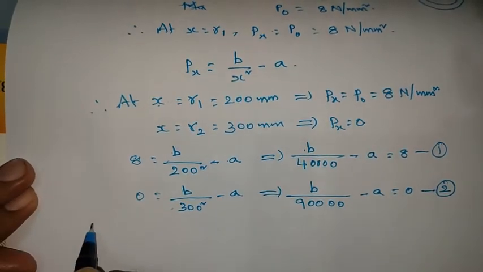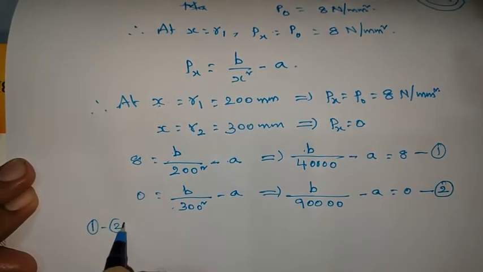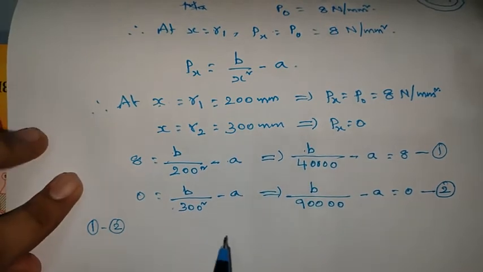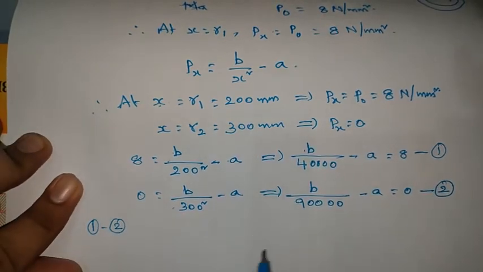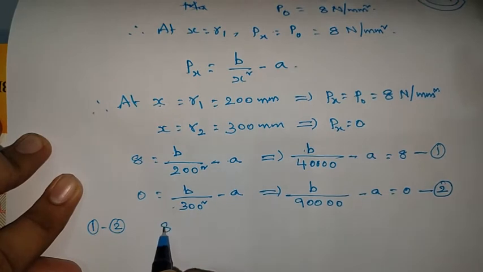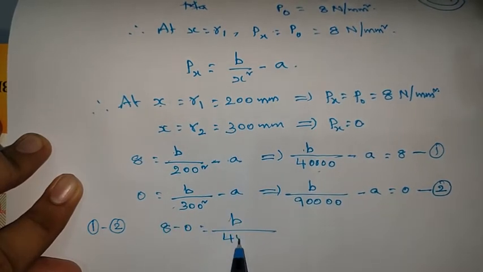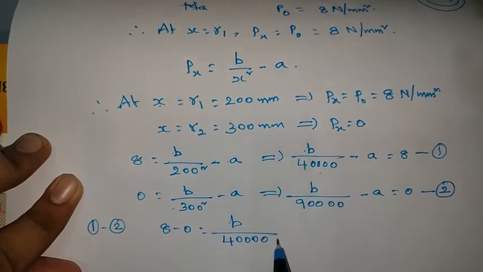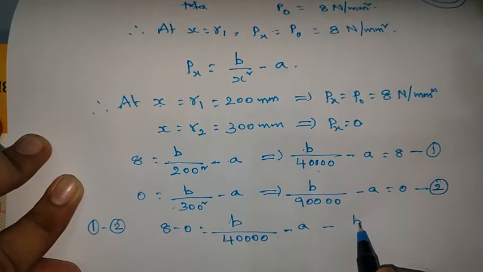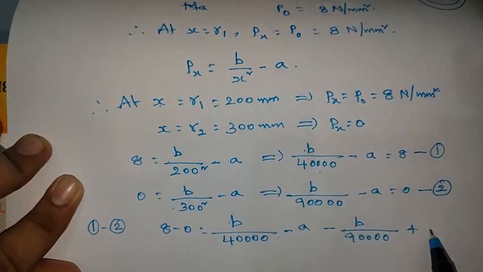So if you subtract them, that is 1 minus 2, what you get? 8 minus 0 is equal to b by 40000 minus a. And here if you subtract this one, what you get? Minus b by 90000 plus a.